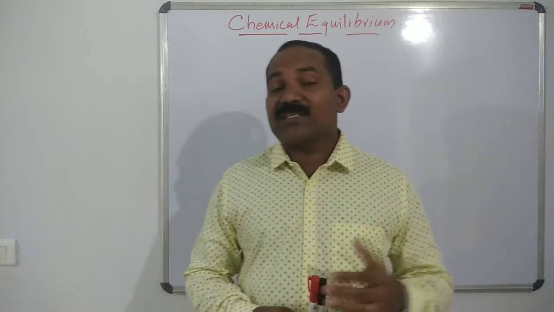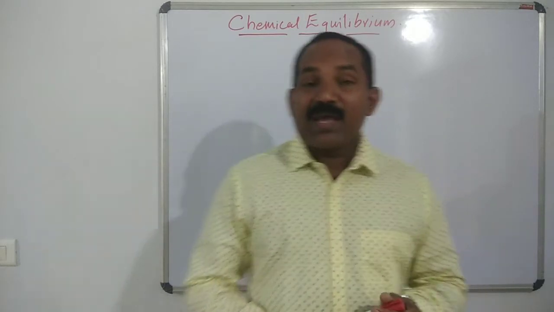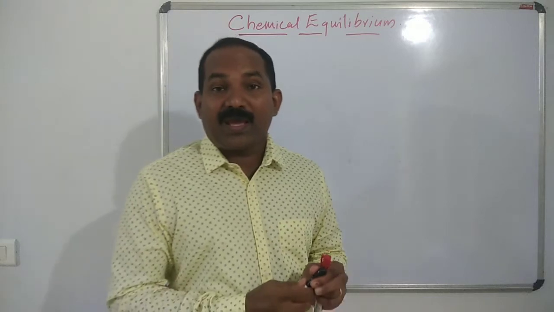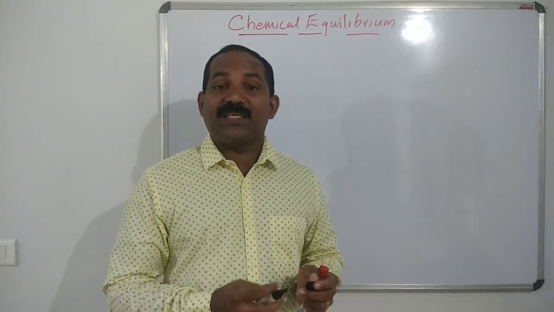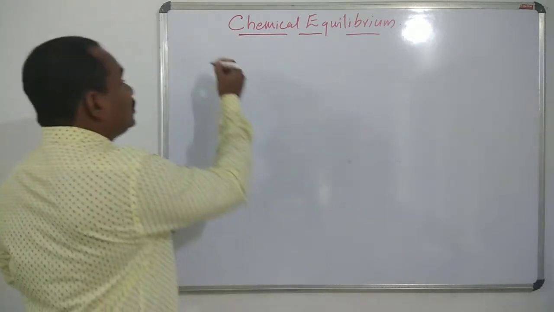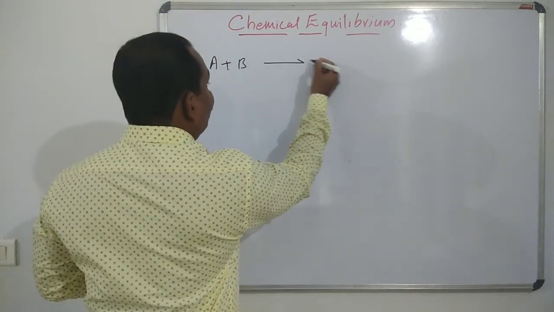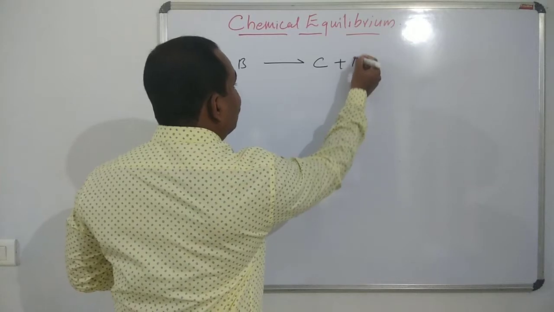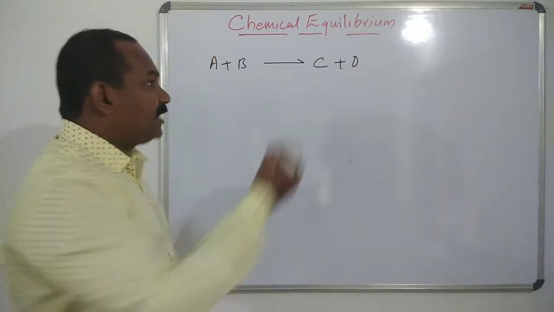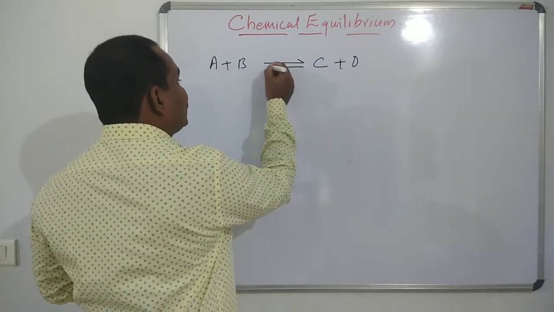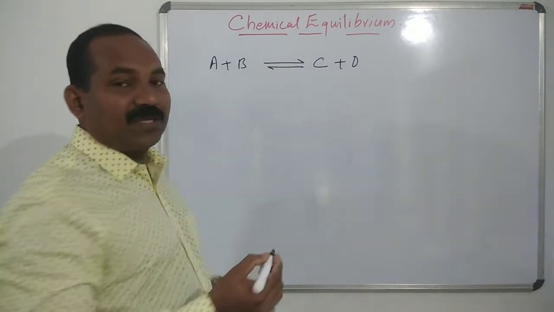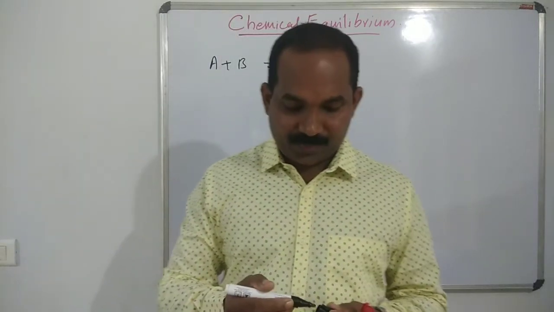For that we consider a general reaction: A and B are reactants, C and D are products. A combines with B to form C and D, and C and D decompose to give A and B.